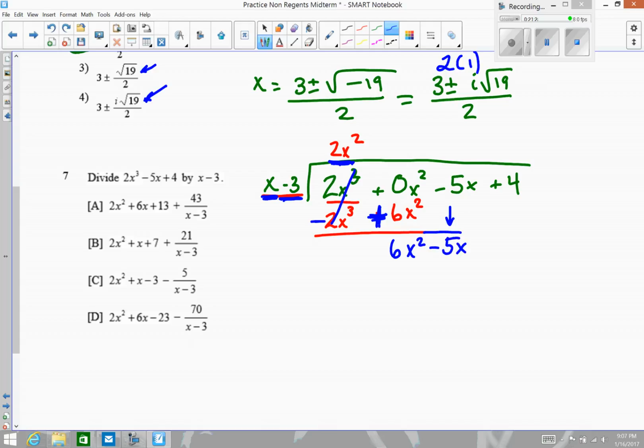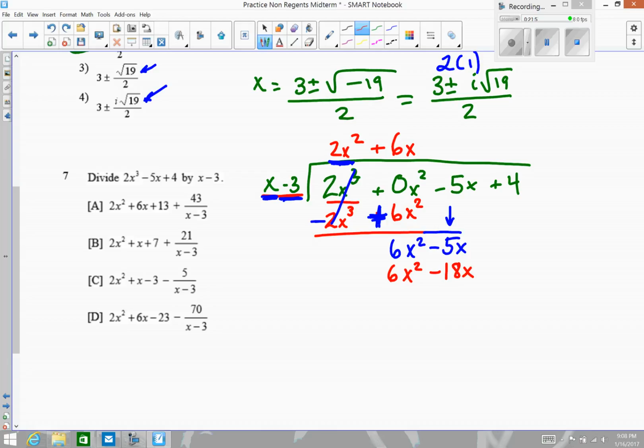And I want to think about what do I multiply times x to get 6x squared. And I would multiply this x by positive 6x. And now when I multiply 6x times x, I get 6x squared. 6x times a negative 3 gives me a negative 18x.